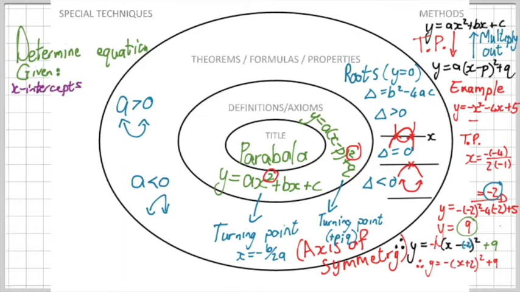If they give me the x-intercepts, I've got to remember this formula: y equal to a(x minus x1)(x minus x2), where x1 and x2 are my x-intercepts. Or they give me the turning point. If they give me the turning point, I go to the turning point formula, where p and q are my two turning point coordinates.